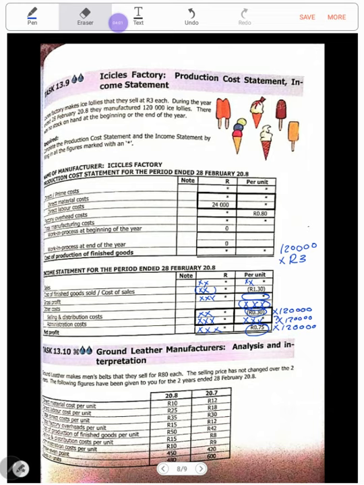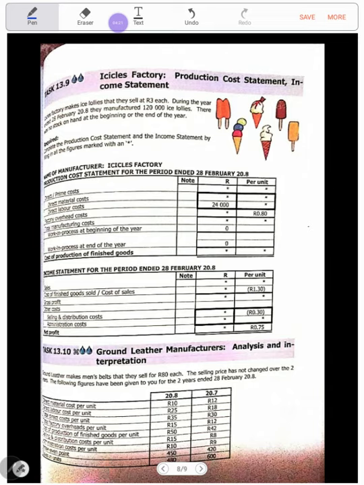If you have any problems, remember you can WhatsApp me at any point in order to ask me any question. So once you are done with your income statement, you can move on to your production cost statement. Again, you are working with what you have.